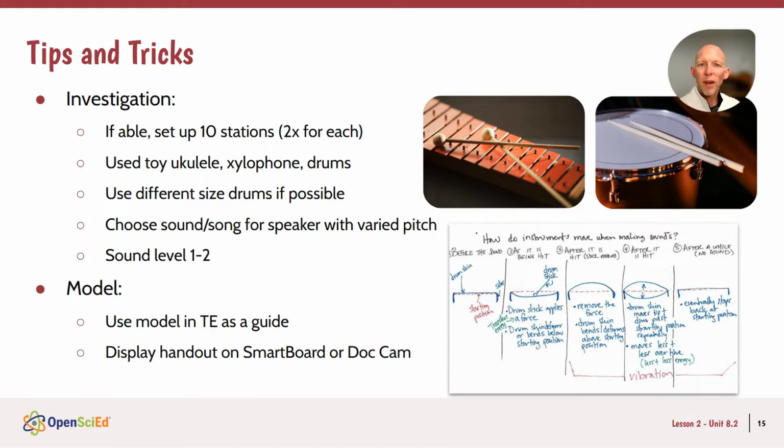I also found it helpful because their handout can be a bit confusing. I found it helpful to display their handout and make our class model on their handout. So I used either a DotCam or a smartboard so that I could be making the consensus model on their handout. It's just easier for them to follow. You could do the same thing on chart paper. I just found it easier for me.